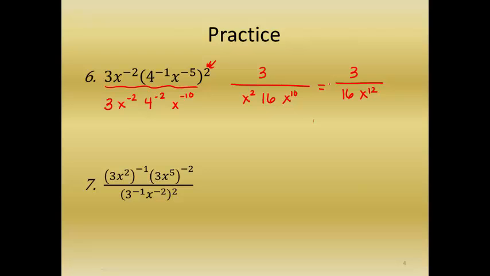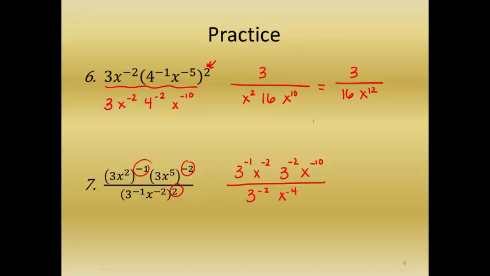And our last example, I'm going to handle all of the powers on the outside first. That's my first step, and then I will deal with moving things where they need to go. So this is 3 to the negative first and x to the negative second. Because it's all multiplication, I'm going to have 3 to the negative second, x to the negative 10th, and in the denominator, 3 to the negative second and x to the negative fourth.